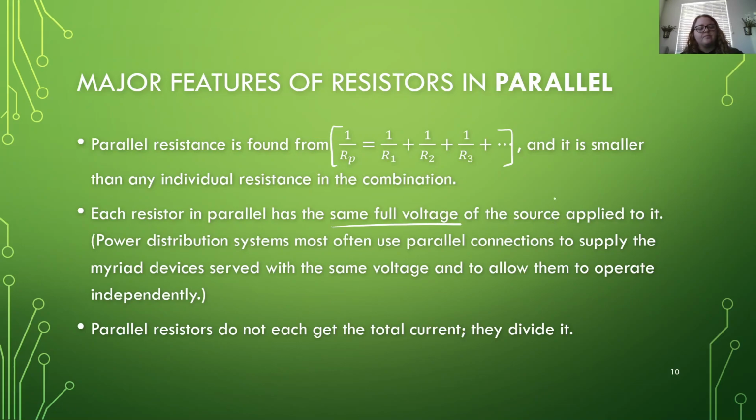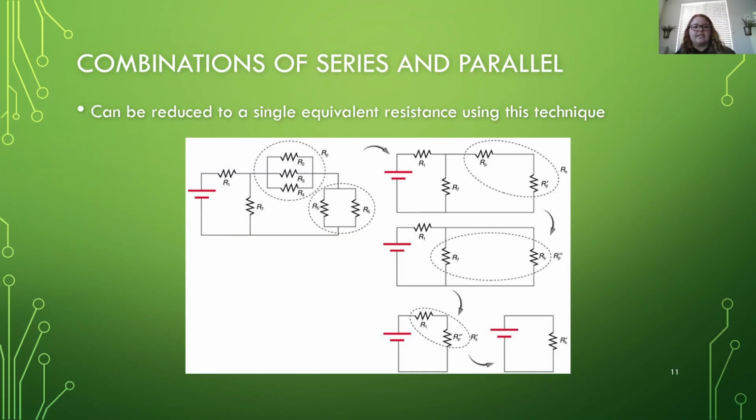And parallel resistors do not get the total current, they divide it. It's not equally dividing, but it will portion it up, just like in the series with the voltage. All right, so I'm going to stop here, and then we'll continue with combinations of these circuits.